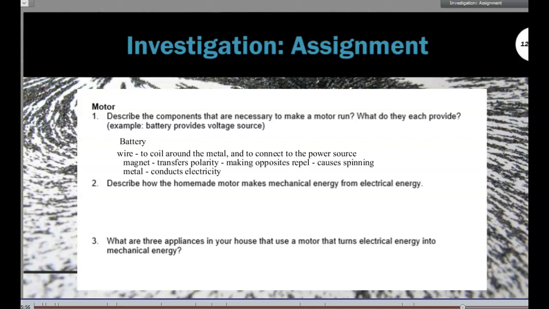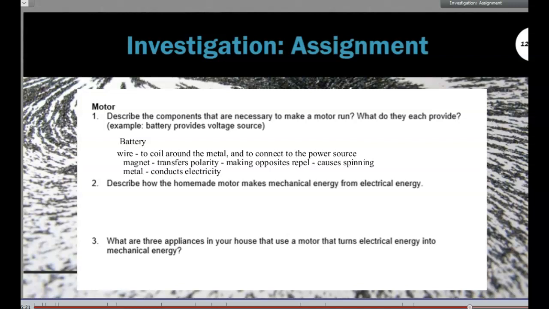So here you've got to be able to explain how the homemade motor makes the mechanical energy. Remember, mechanical means something that's moving, how it makes the mechanical energy from electrical energy. All right, so in your own words, you're able to describe that the power source or the battery is the electrical energy, right?